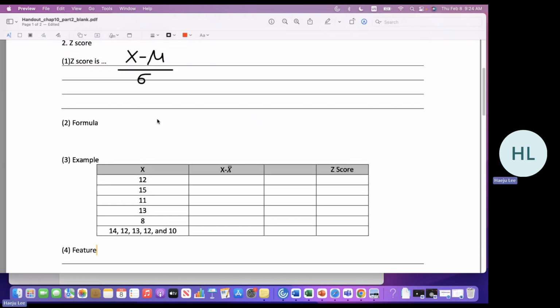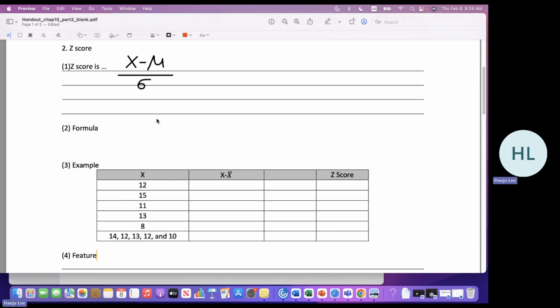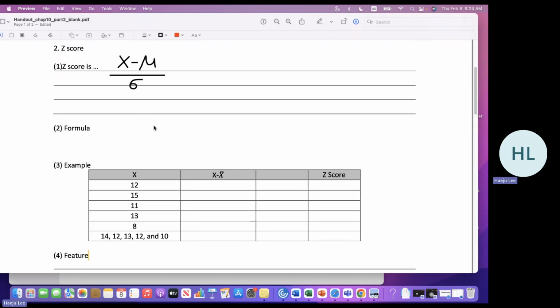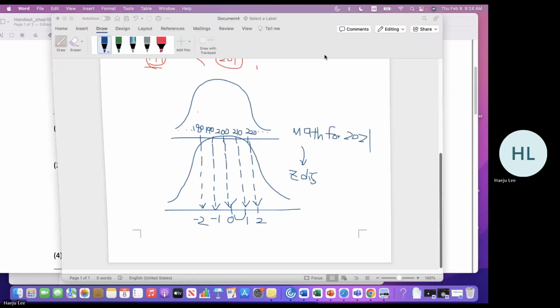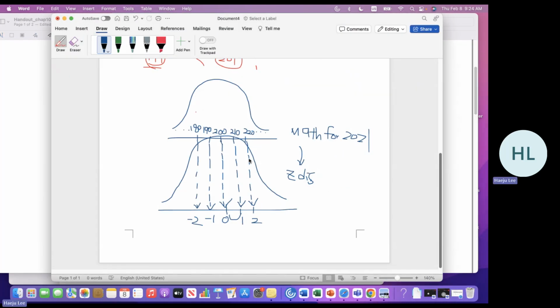But we need to keep in mind, the G distribution is symmetric.